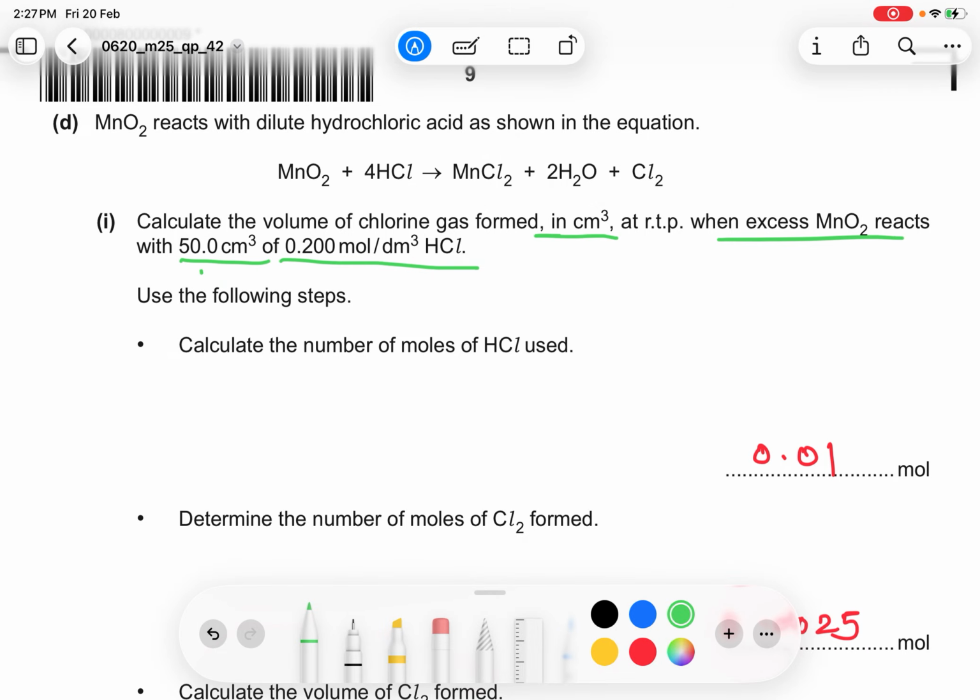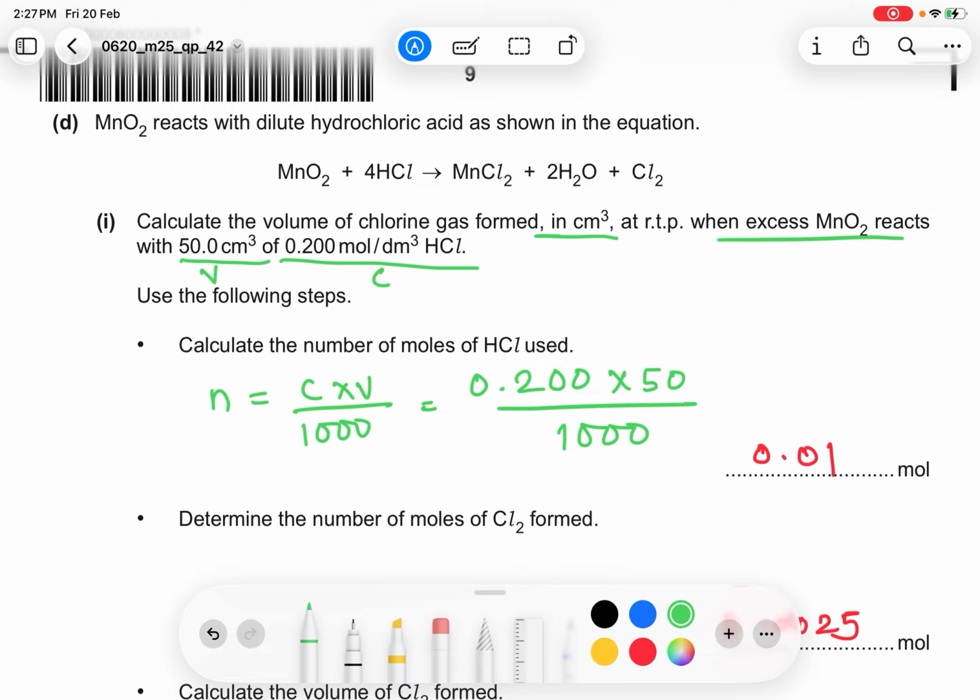Here volume and concentration are given, so we are going to use the formula n equals C into V upon 1000, which is 0.200 into 50 upon 1000, that is going to give us the answer 0.01.